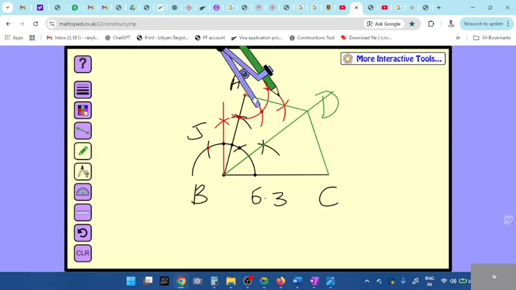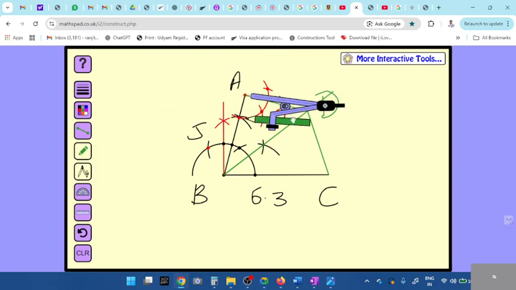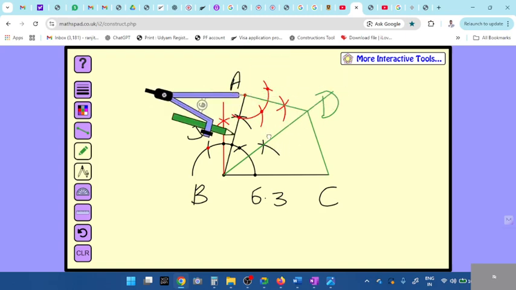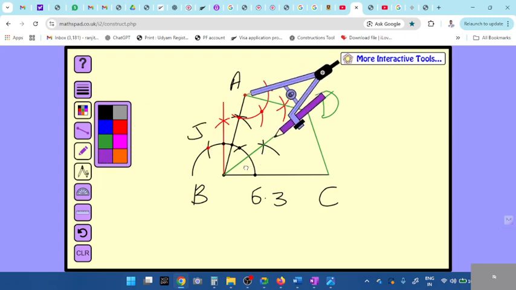So if you want to score in the board exam, these are the types of questions you'll get. Advanced questions. Okay. Next, take more than half. I'll use the purple one. For A and B, we need an arc.